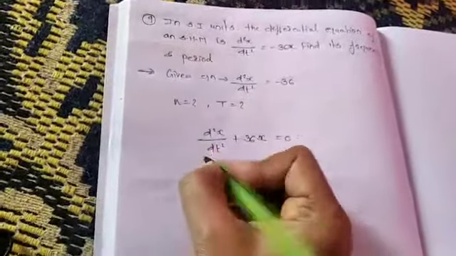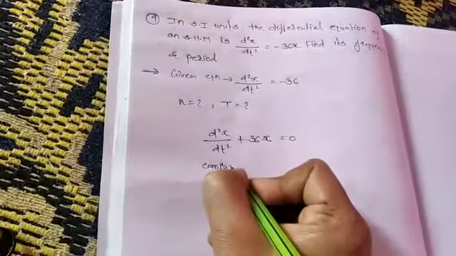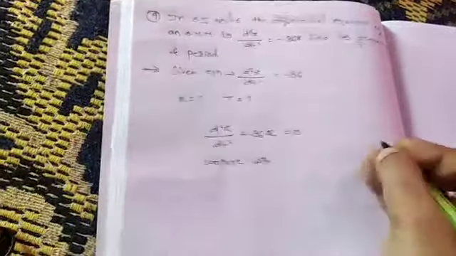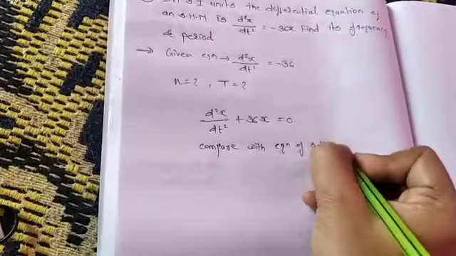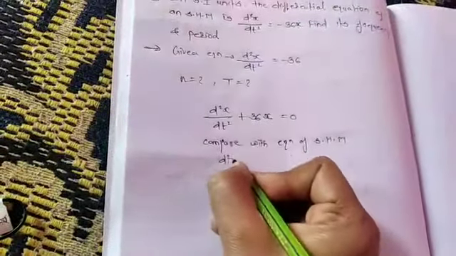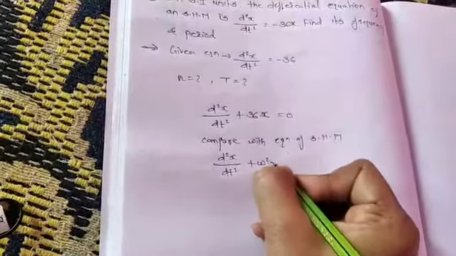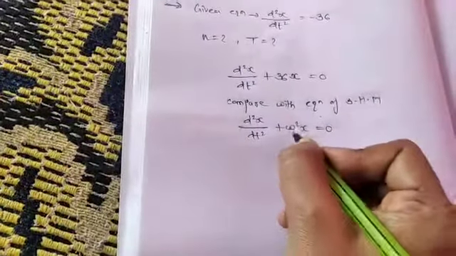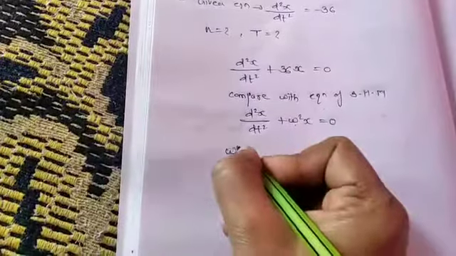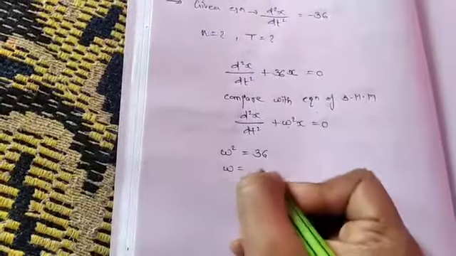We'll compare this equation with the equation of SHM. What is the equation of SHM? We know it is d square x upon dt square plus omega square x is equal to 0. So comparing these two equations, omega square is equal to 36, that is, omega is equal to 6.